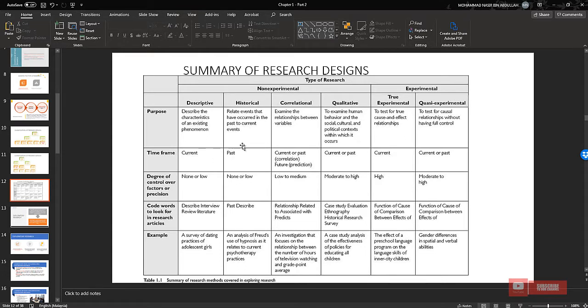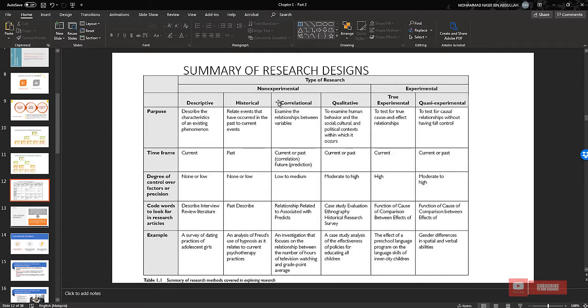Right? The time frame means it will dig into the past situation. We don't have a degree of control of a factor. And the keyword to look for research articles on the net is past, described. Example: an analysis of fraud used in hypnosis as it relates to current psychotherapy practice.